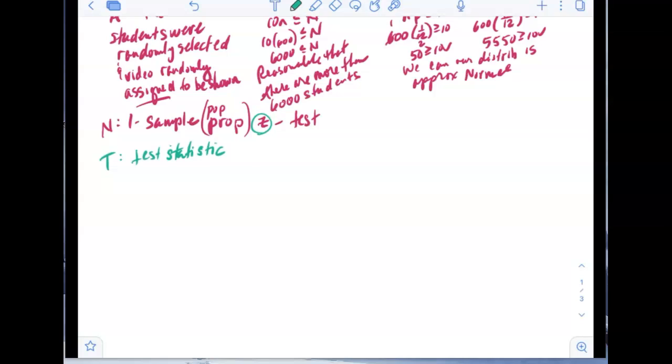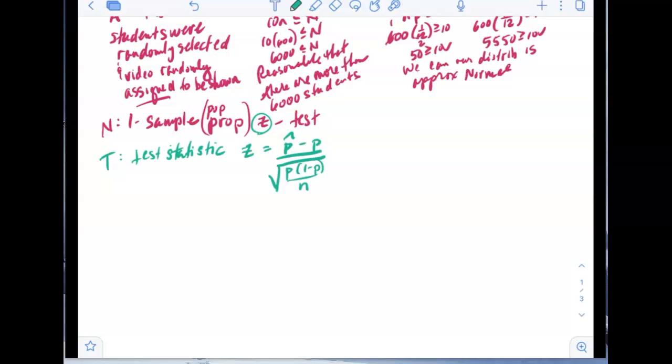So in this case, remember when we calculate Z-scores, we would do Z equals our amount minus the mean amount divided by the standard deviation of the type. So in this case, we are going to have to figure out what P hat is minus P over the standard deviation of P(1 minus P) over N.